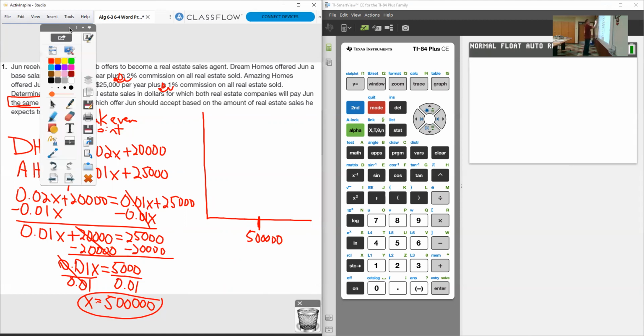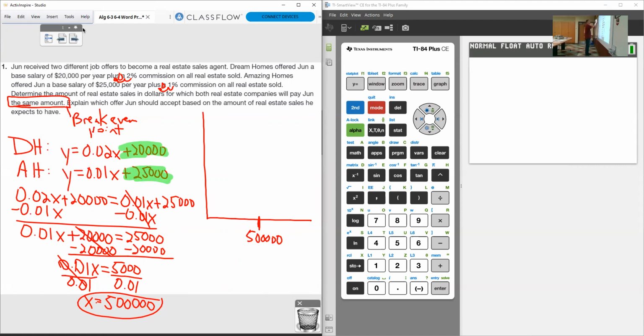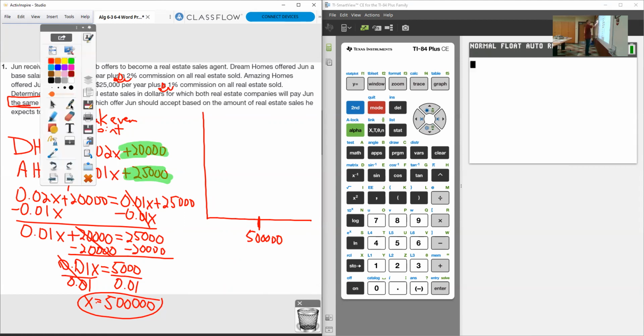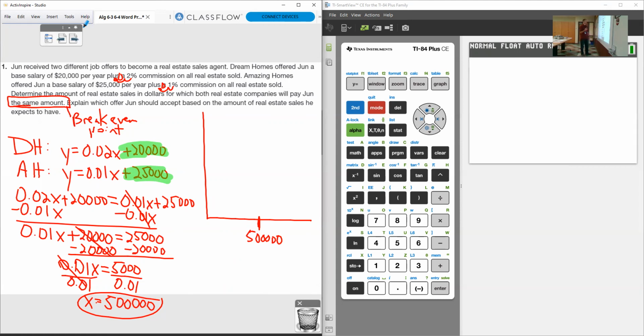Your y-intercepts are 20,000 and 25,000. So when we go to graph it, 20,000, we'll just estimate 20,000 is here. Your sketches don't have to be perfect. And let's say that our break-even point is up here, right?